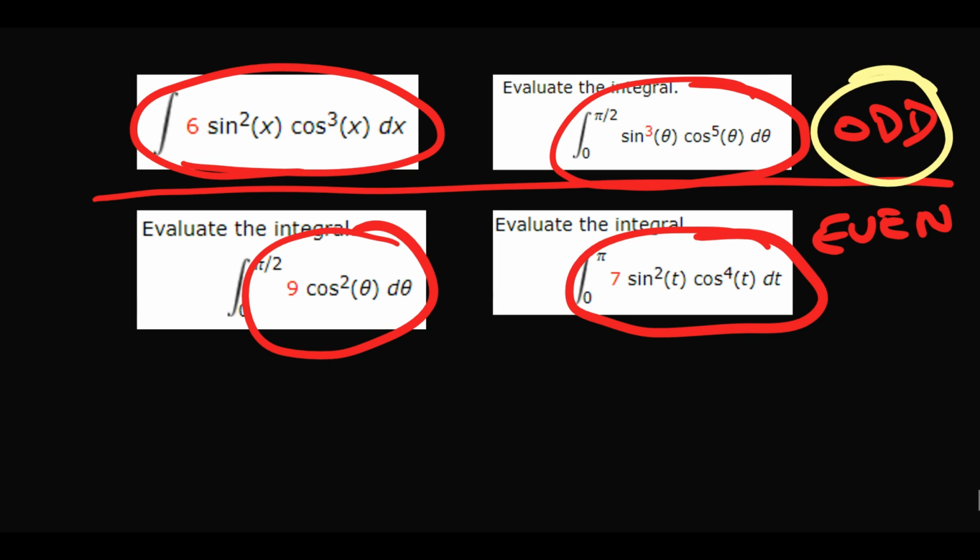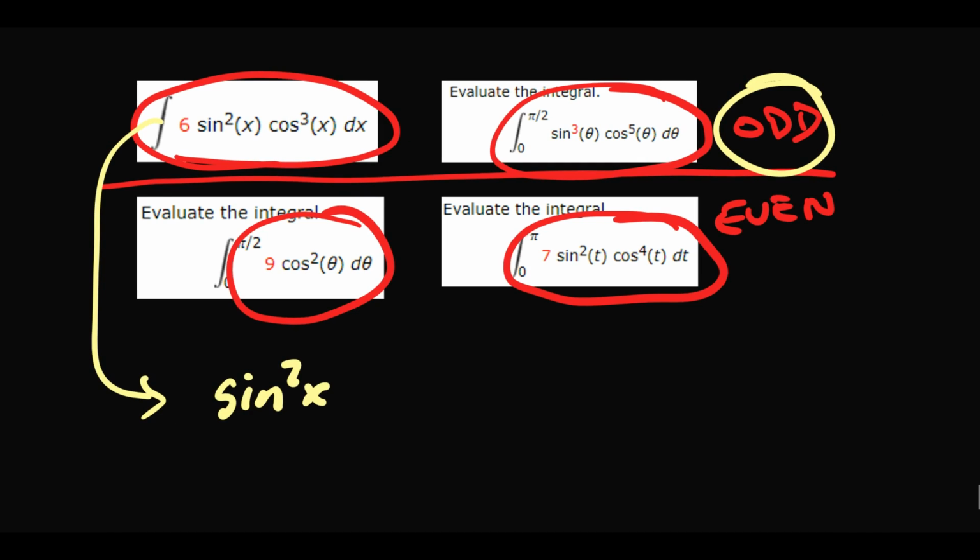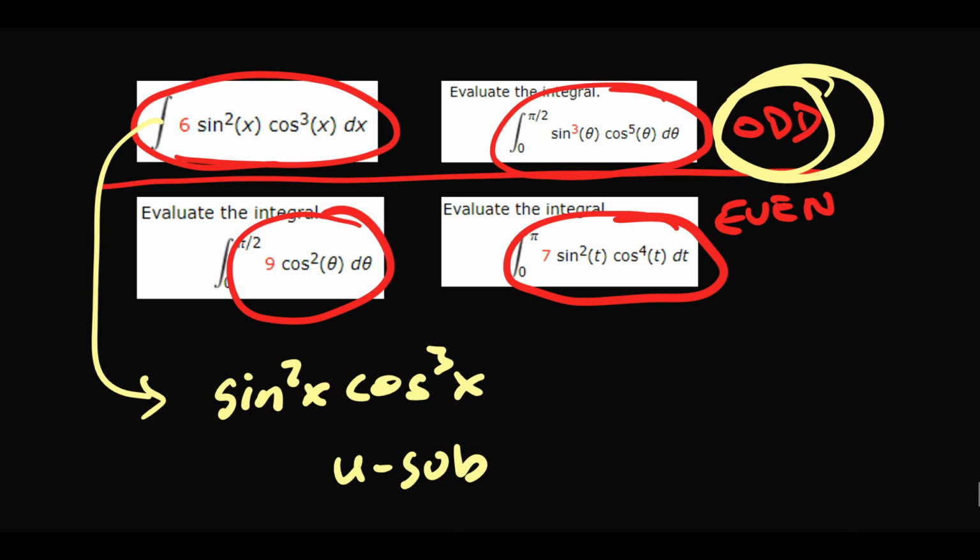So let's look at the odd ones first. Let me pull this one down. Let's work with this one. So what you want to do here is convert that sine squared x cosine cubed into a function which has a single sine or a single cosine, because you're going to be using u substitution on these trig functions.